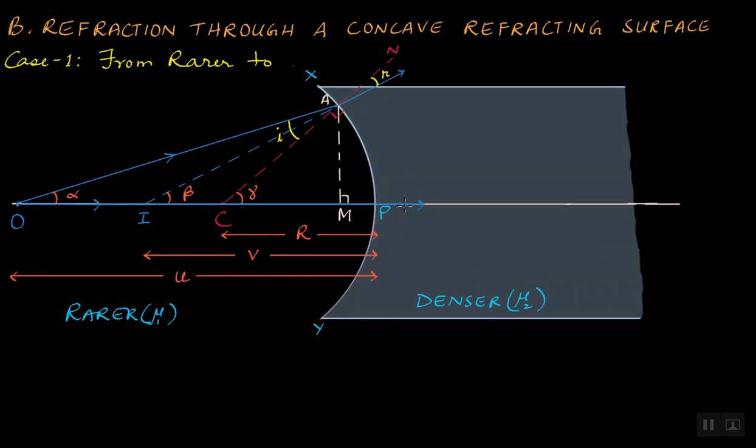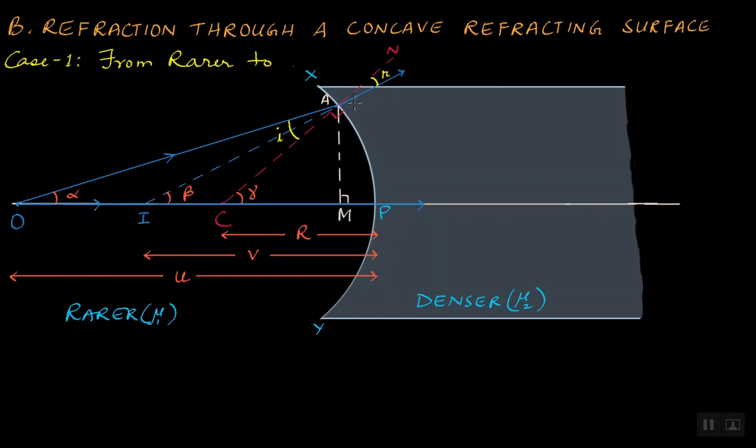If you look at this ray and that ray, they will never meet because this is a diverging lens. So what we do is we trace the rays backward. If we trace the rays backward, they seem to be meeting at this point I. So this is the image which is formed out here, and it is a virtual image.